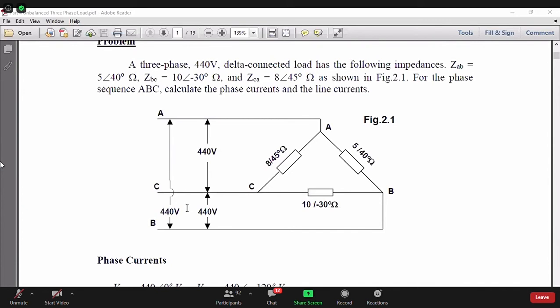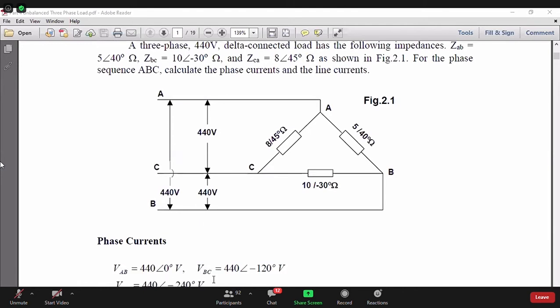How? By writing the magnitude and the phase angle. So here you can see I have written VAB 440 angle 0 degree, VBC 440 angle minus 120, VCA 440 angle minus 240.